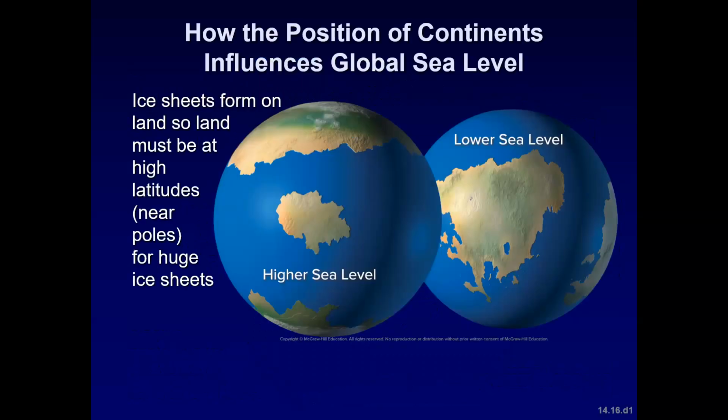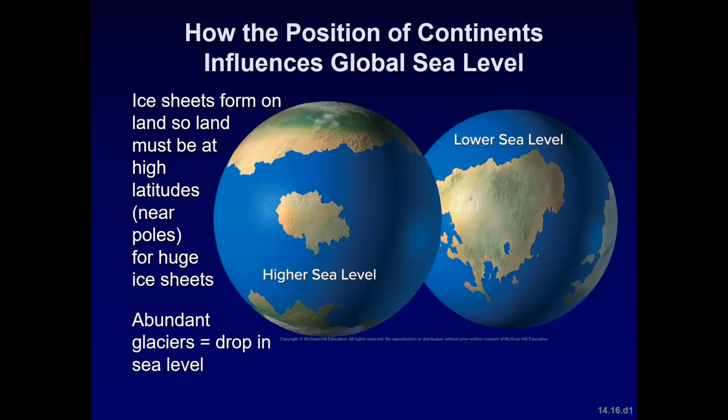And we sort of alluded to this, but the position of the continents on the planet influences global sea level. Ice sheets form on land, so that land must be at high latitudes near the poles for large ice sheets.